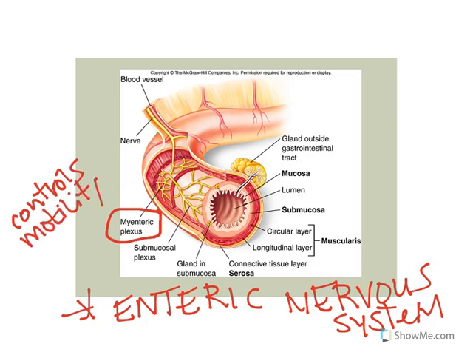The other one is referred to as the submucosal plexus, and it's located right in the submucosa, just as the name indicates.